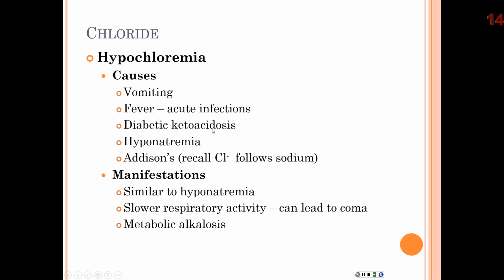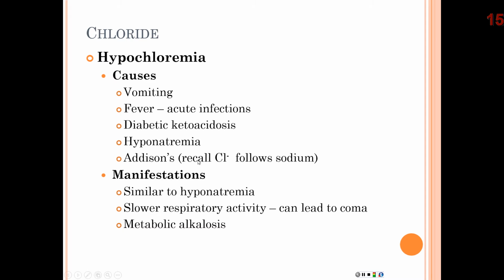And with the rise in these acidic levels, that can also lead to a loss of sodium and chloride. And we'll get to further details on that. I'll just have you mark it there as one of the things that can happen in diabetic ketoacidosis: the chloride levels can drop low.